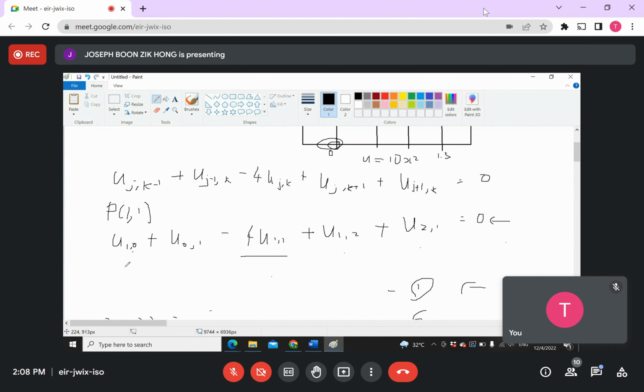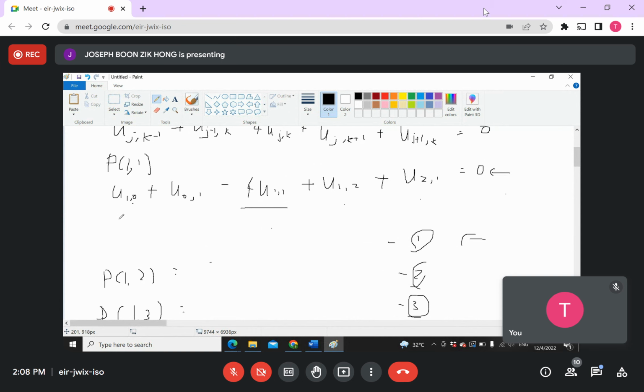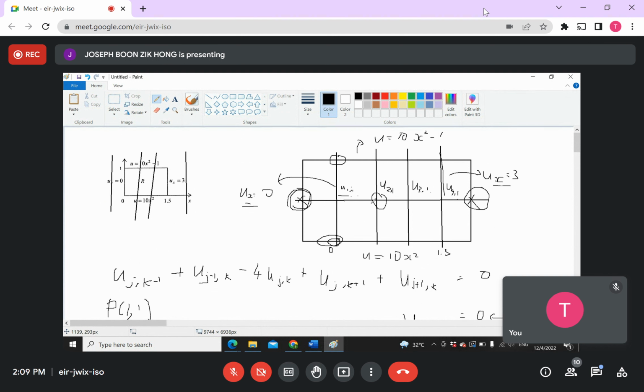So we put it as U10. U10 is here, so it's 0. Plus U01. U01 is here, we don't know. Minus 4U11. And then plus U12. U12 is here, so I can put in my x as 0. Okay, because my x is 0.